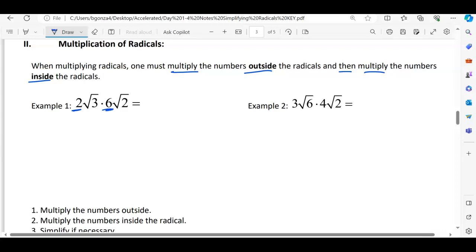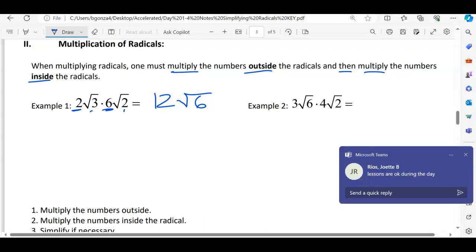What's 2 times 6? 12, right? And then we're going to multiply on the inside. The inside is 3. The inside is 2. So inside times inside. What's 3 times 2? All right, 6. So it's 12 square root of 6.